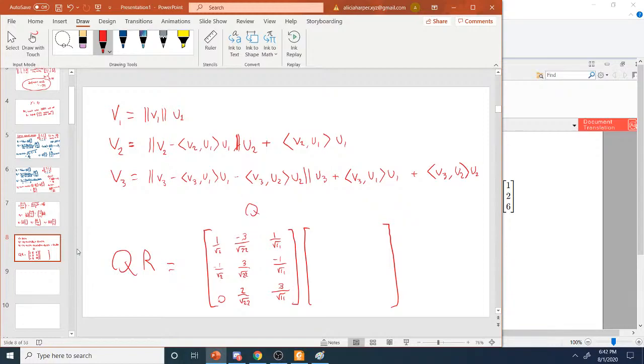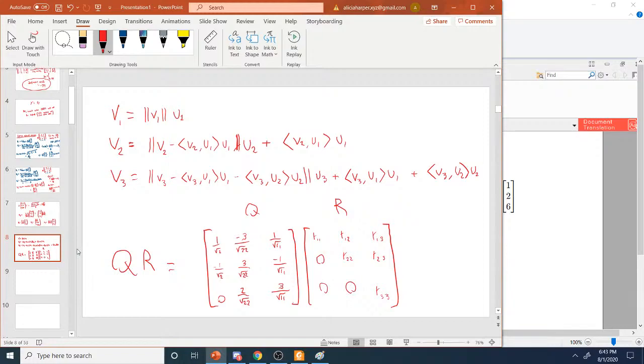And we also have this matrix right here, which is R, and its entries are R11, R12, R13, R22, R23, and R33. And we know that R is upper triangular, so all its other entries are going to be 0.